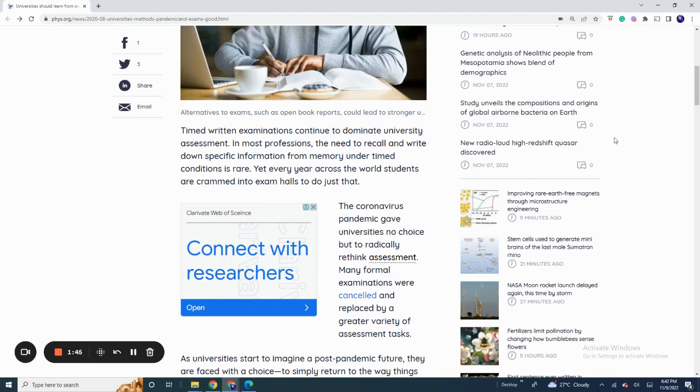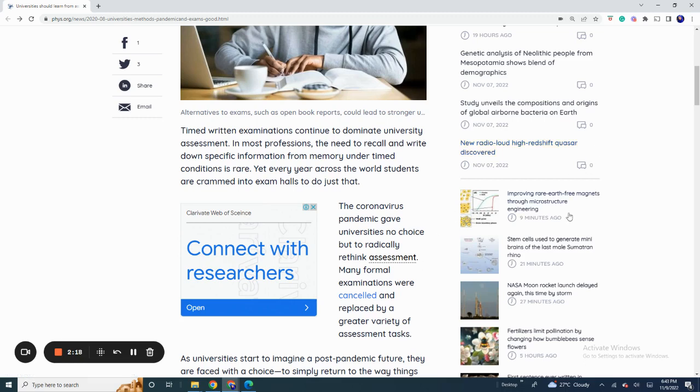We are now in the endemic phase with schools and universities reopening, and the administrations are now at a crossroads. Should we adopt the same assessment structure that we had during the pandemic, or should we just continue in the same manner that we did prior to the pandemic with the examinations?